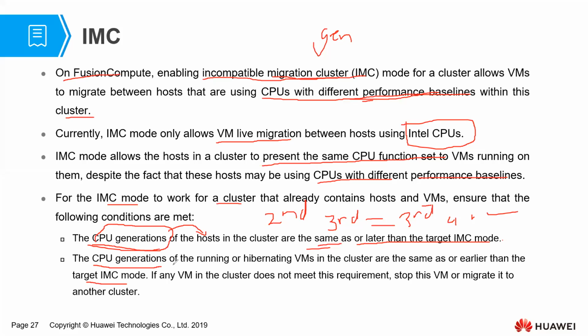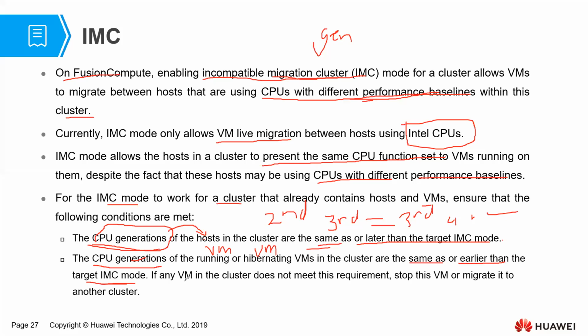The CPU generations of the virtual machines, either running or hibernated, must be the same or earlier than the target IMC mode. So for the virtual machine, same or earlier. For hosts, same or later.